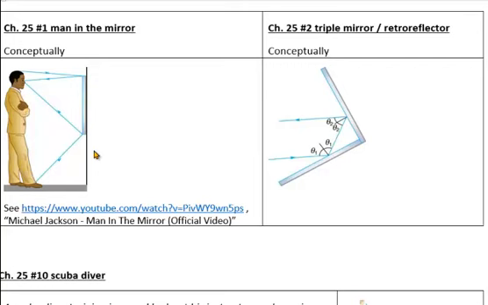The other one I want to do conceptually is the triple mirror retroreflector, and this would actually involve a proof of showing that the angle here under which it is reflected is such that the reflected ray, after it hits the second mirror, is going right back to where it came from.